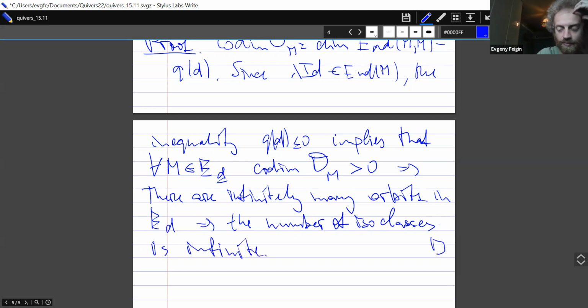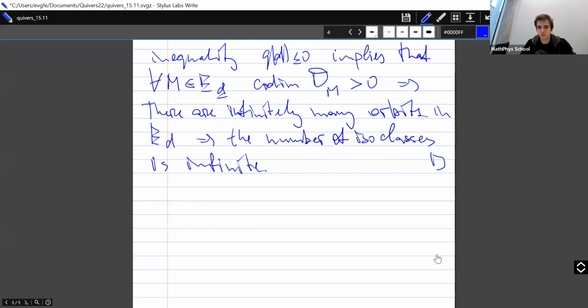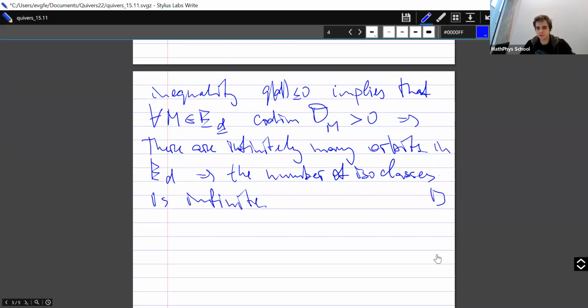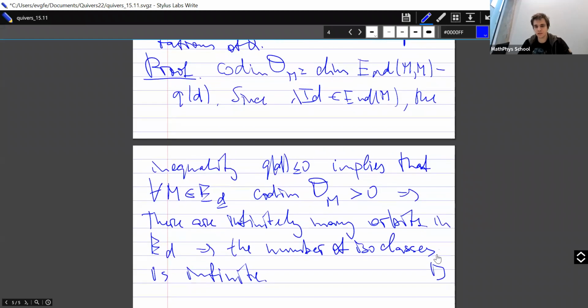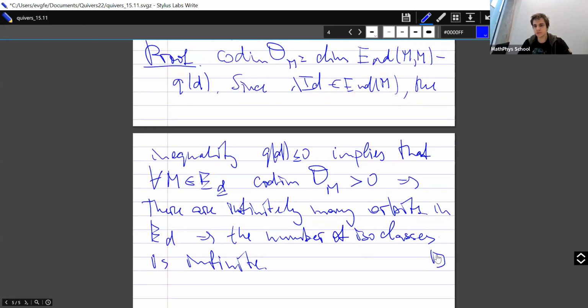Okay. So moreover, we have several lambdas in case of several vertices, and it should give us some restriction on Q of D, if you want. What do you mean several lambdas? I mean, if we have several vertices, we have several spaces. An endomorphism is several maps, and each of them can have a different scalar lambda, right?